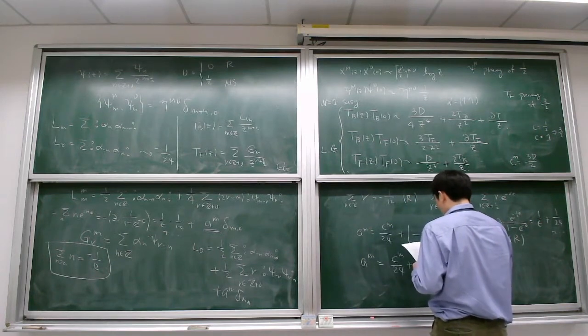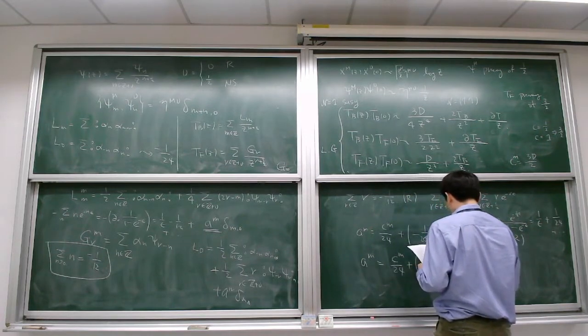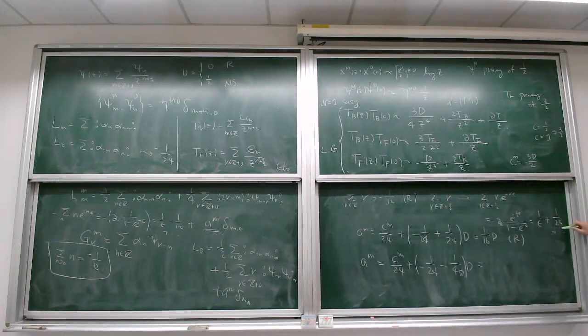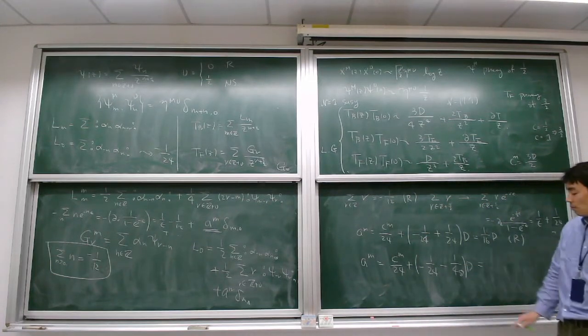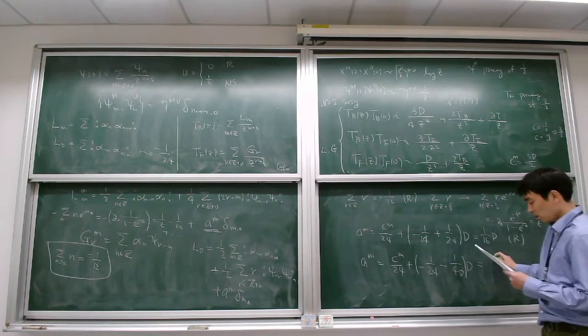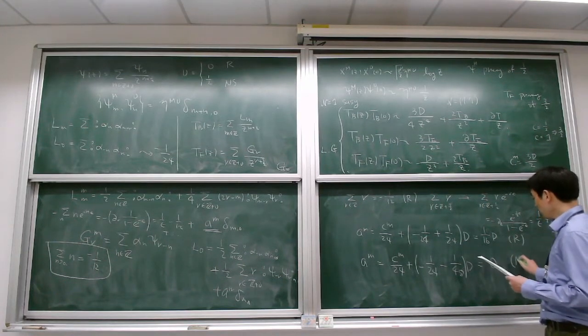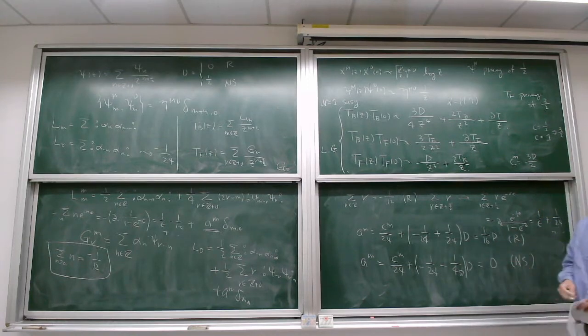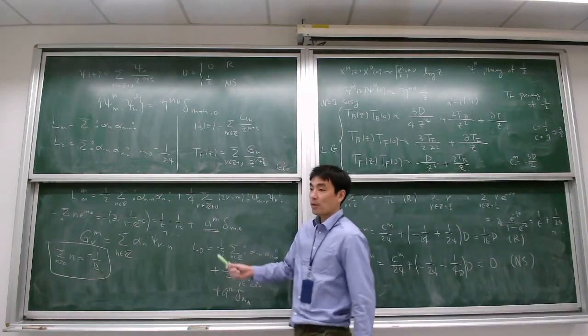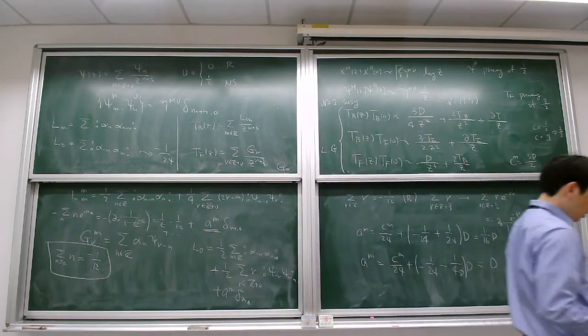However, you have fermionic states. So 1/24 times minus 1/2 will give you minus 1/48, and this is equal to 0. Okay, so this is the computation of the cost of normal ordering that appears in the zero mode of the solution.